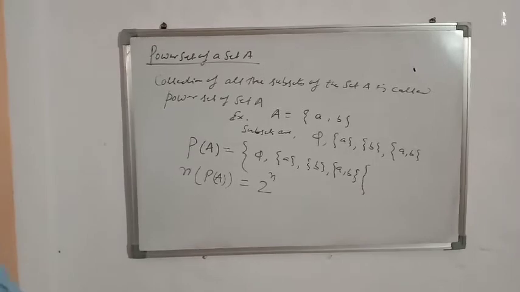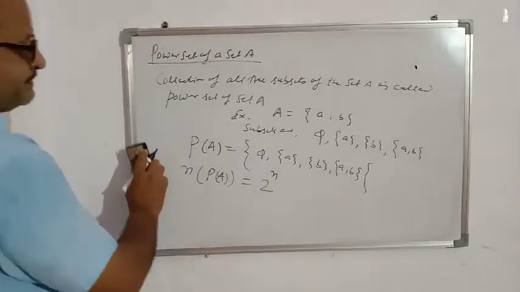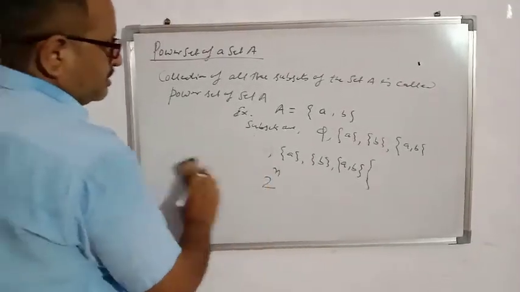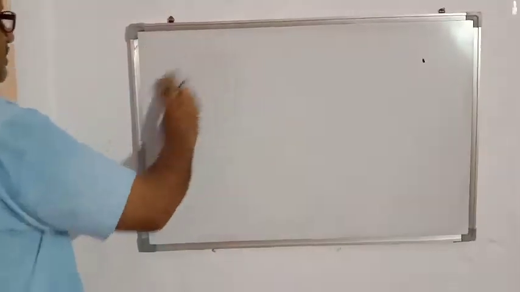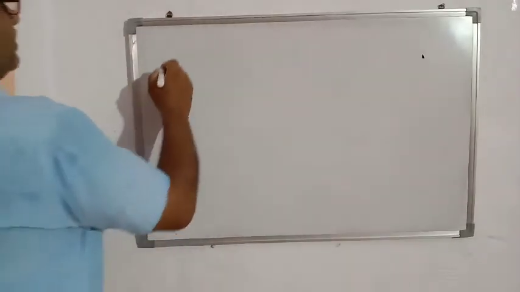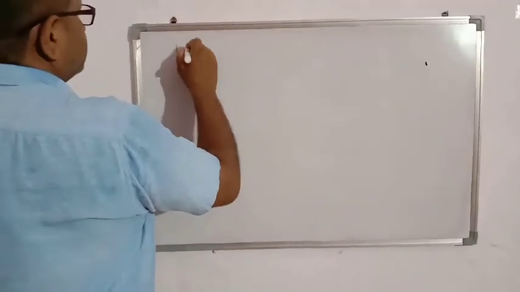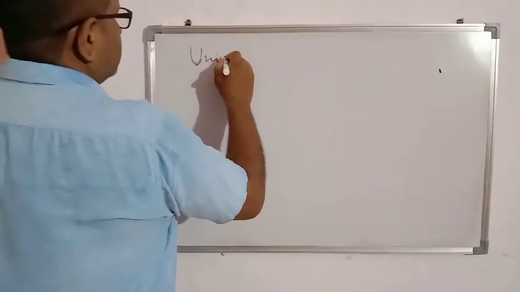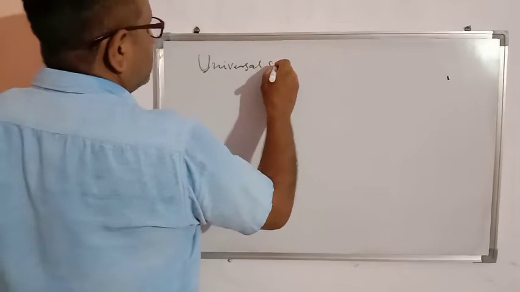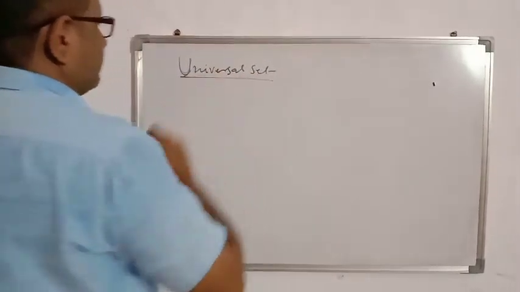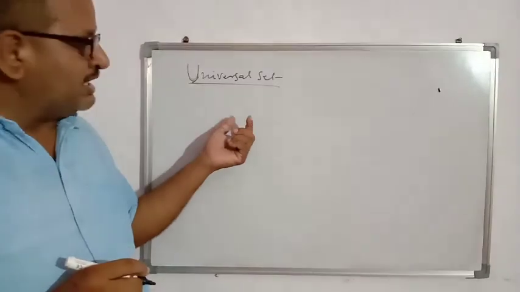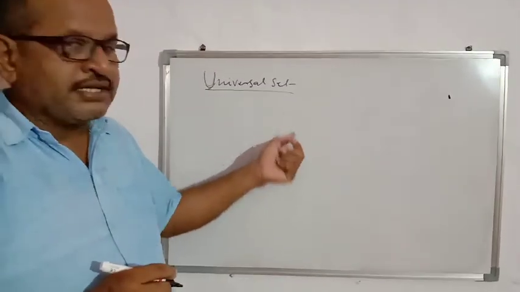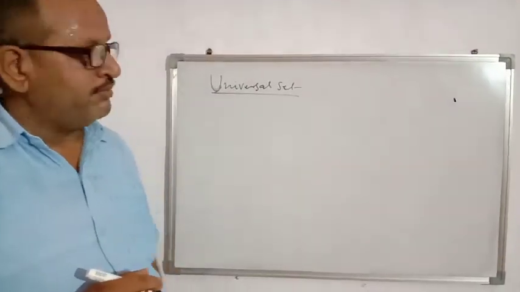Now we will discuss the universal set. What is a universal set? It is a set which contains all the sets taken under consideration in a given problem.